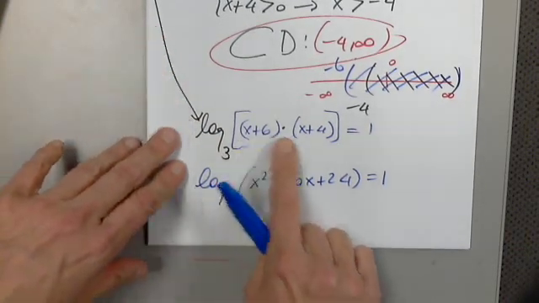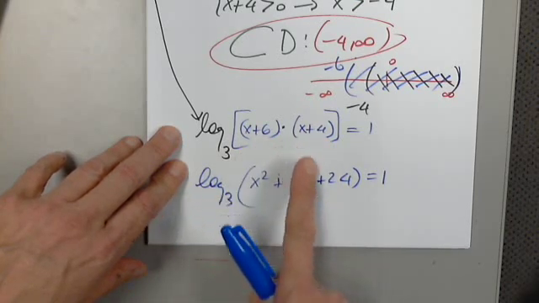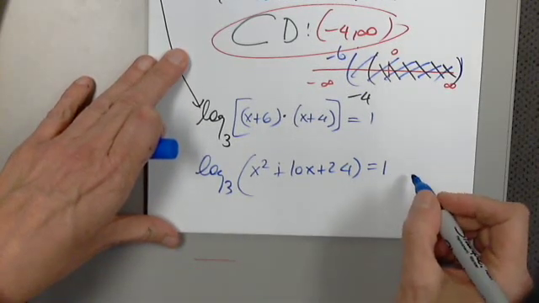Okay, so then I multiply these two and I got this. X squared plus 4x plus 6x plus 24. So now, what do you think I'm going to do?